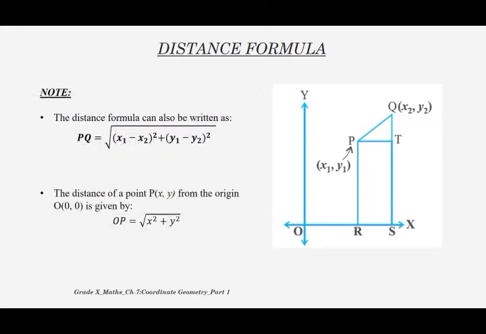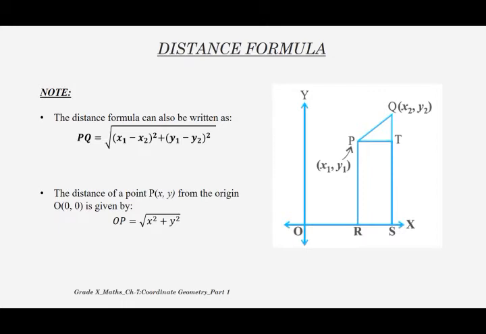Now, in the distance formula, the order of the points does not matter. That is, we can write it as (x1 minus x2) the whole square or (x2 minus x1) the whole square. Because anyway we are taking the square, so even if it had been a negative number, we will get only a positive number.